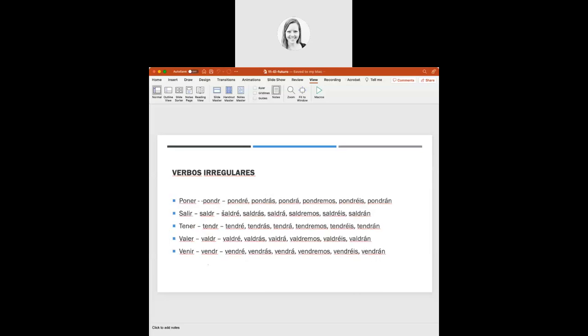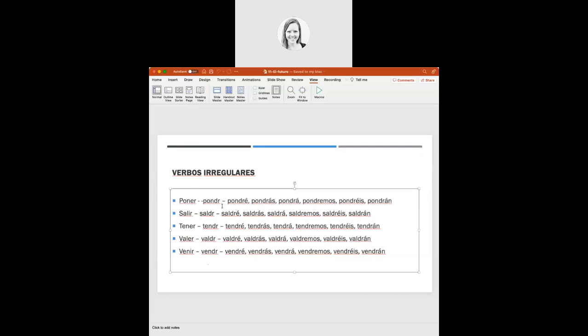Let's take a look at another group here. In this case, we're adding a DR, so I would call this the DR group. Saldré, tendré, valdré, vendré. And actually saying these and speaking it will help you to hear an error later. If you're on your test and you're writing it and you put poné, ponás, for example, you're going to think, that doesn't sound right.